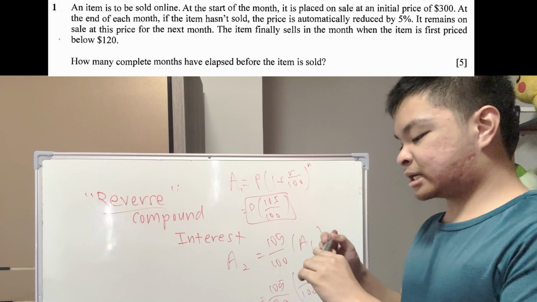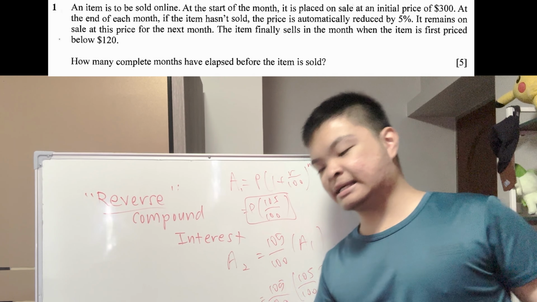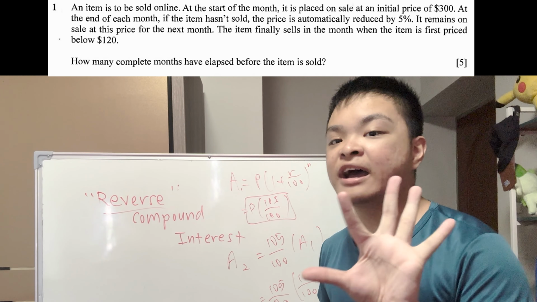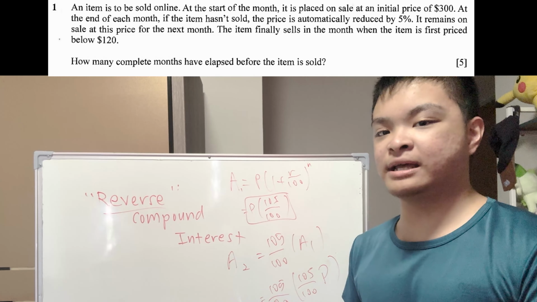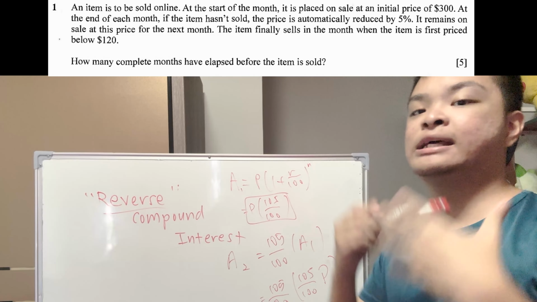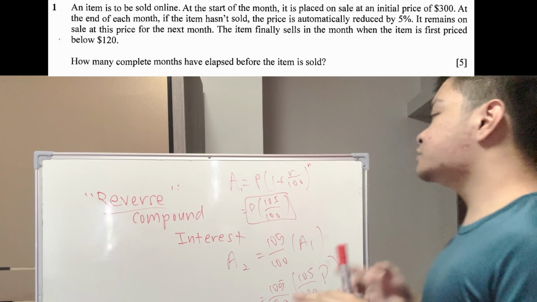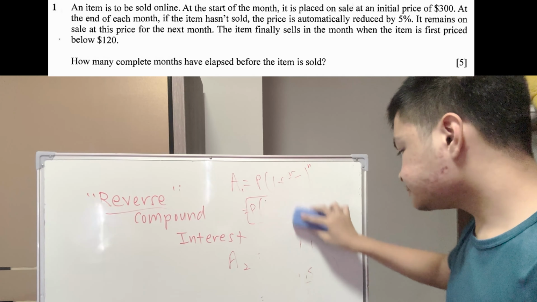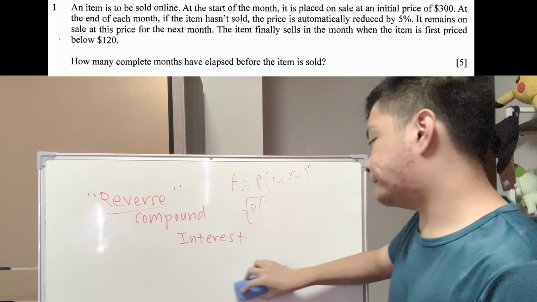So let's take a look back at our question. It says that at the end of every month, if the item is not sold yet, 5% of the price will be deducted, automatically removed. Which means that instead of having a plus here, we need to have a minus.